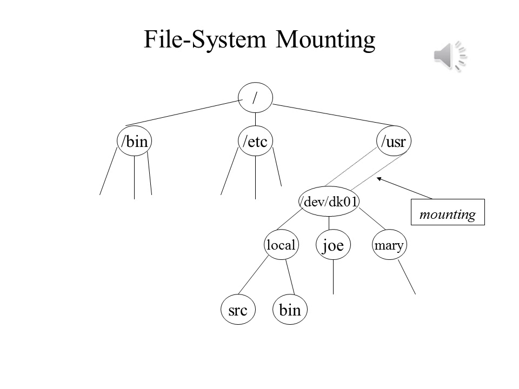What the mounting process means is that we have an association between /usr and /dev/dk01. They are one and the same. So when we are looking for subdirectories of /usr, these will be local, Joe, and Mary. Now, we can unmount and we can mount it onto something else if we wish to. The advantage of all of this is that we have the appearance of one operating system that seems to be seamless, even though it is made up of many different parts.